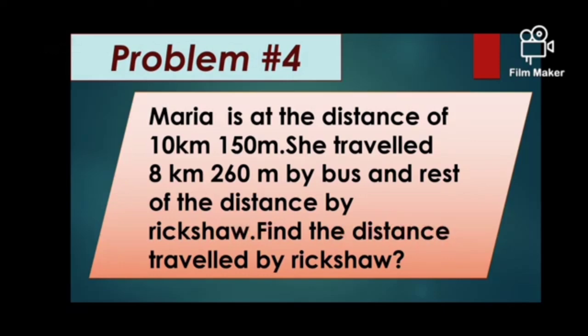Now we have to find the distance which she travelled by rickshaw. The distance travelled by bus is given to you, that is 8 kilometer and 260 meter. How can we find it? Now let's see. Write the statements first.